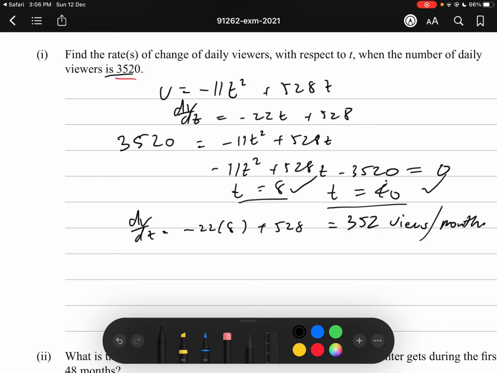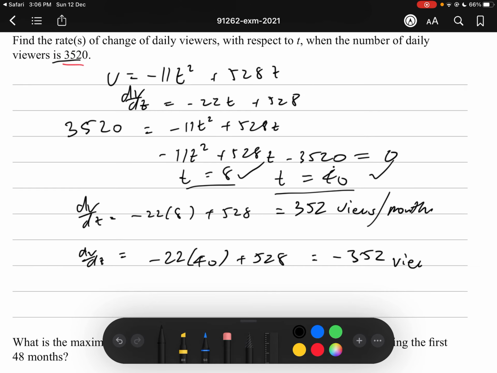And now we're going to substitute t equals 40. So dv over dt is equal to negative 22 times 40 plus 528. And that gives us negative 352 viewers per month.